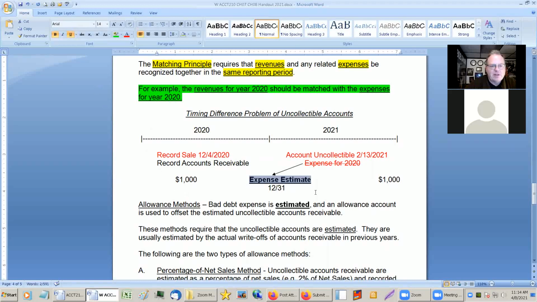So we're going to expense it in 2020, but it's going to have to be an estimate because we don't know exactly who's going to go bad. This account went bad. Could be other ones that went bad, and so on and so forth.